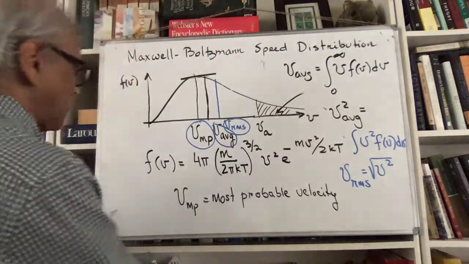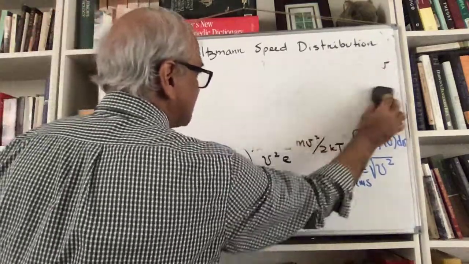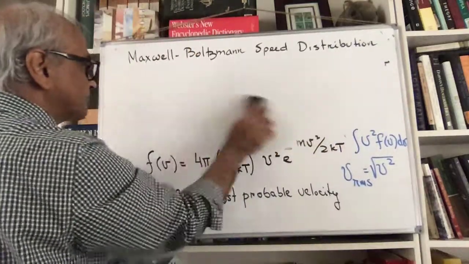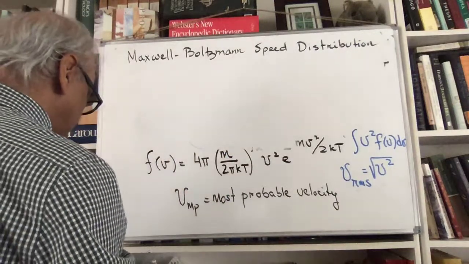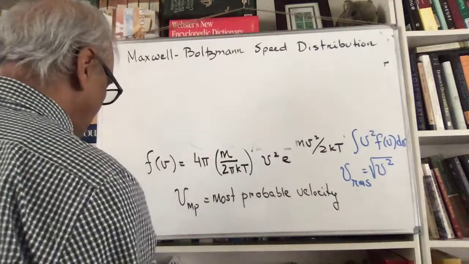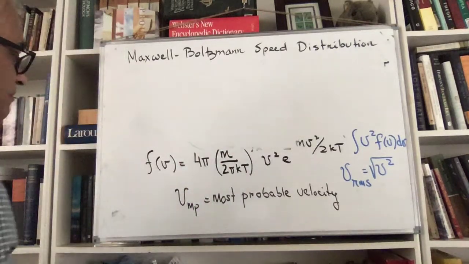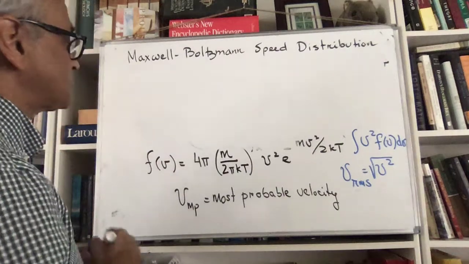Okay, so let's start with the easiest of all of them. The easiest of all of them is actually the most probable velocity. So what's the most probable velocity?